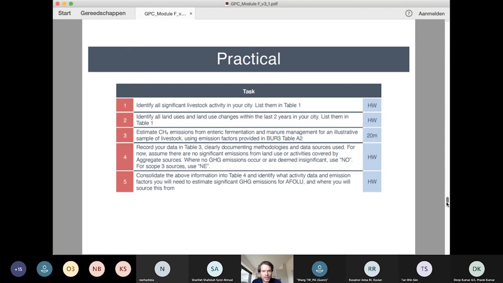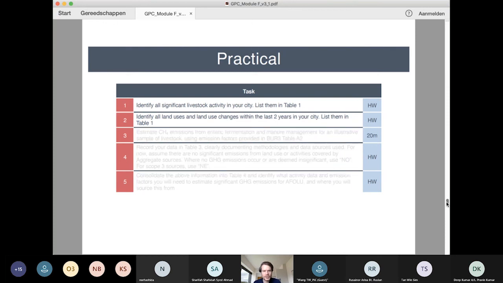We're going to estimate methane emissions from enteric fermentation and manure management for a sample of livestock using the data in BER 3, just as an exercise. And then for homework, again, I'd like you to update table 3 in your workbook, and table 4 as well, if you do decide that this is a source I'd like to learn more about, and then identify some actions for you to follow up with after these webinars.